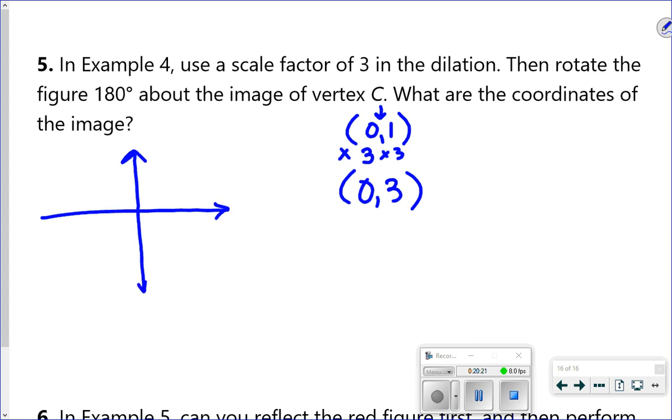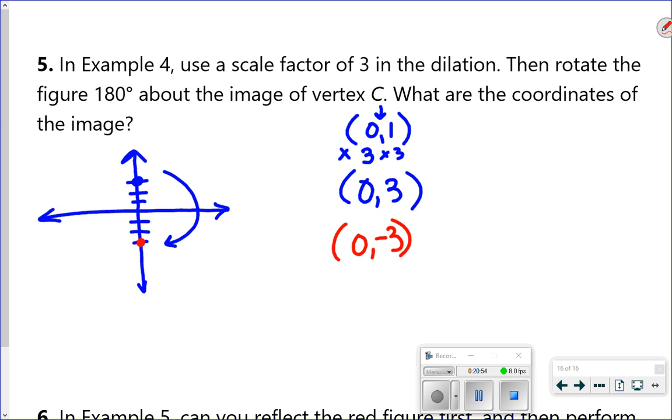So here's my coordinate plane, 0, 3. So over 0, up 3 would be right here. If we rotate it 180 degrees, it becomes this new point, which I'll put on in red. So if I flip it 180 degrees, that's where it is. So my new coordinate there would be 0, -3.